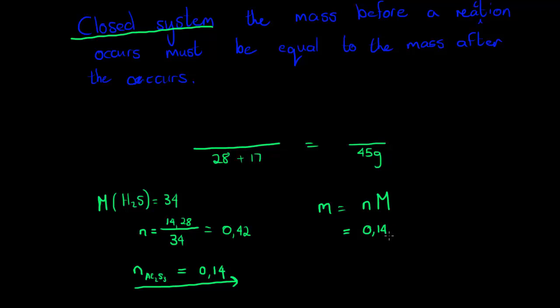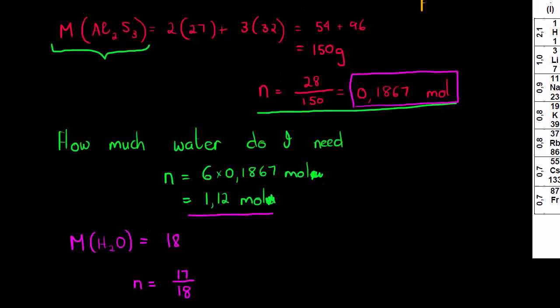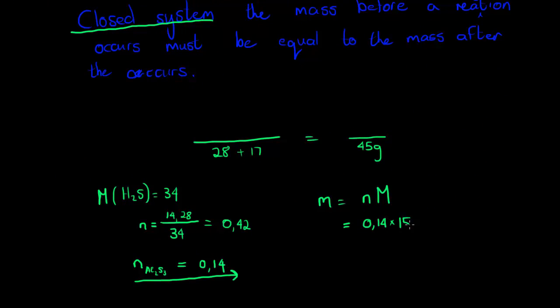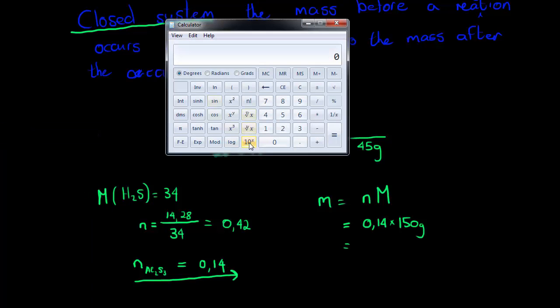Okay, this is not there anymore. How much mass is not in dialuminium trisulfide anymore? Dialuminium trisulfide, calculated before, is 150 grams. So 0.14 times 150 is equal to 21.